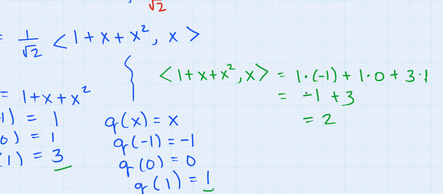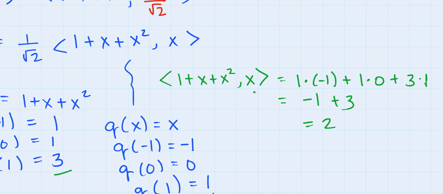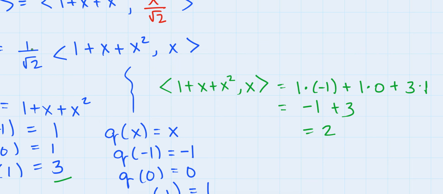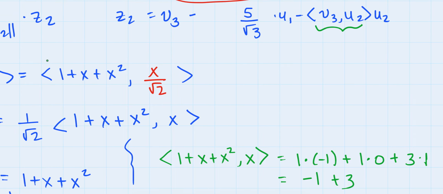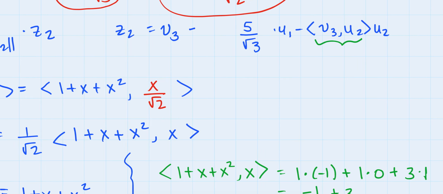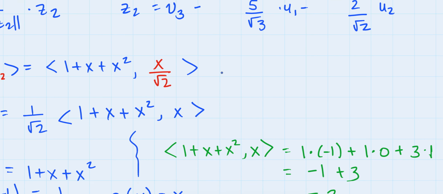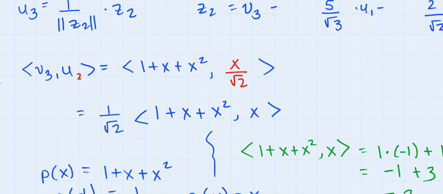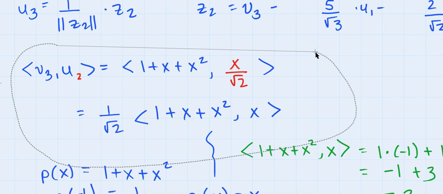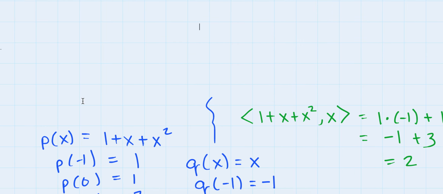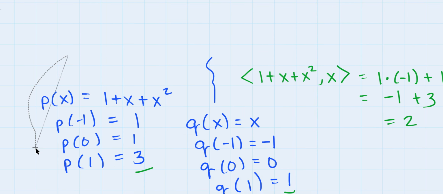And then we have this, so this part is completed and it's being multiplied by 1 over root 2, so we get 2 over root 2, and that's what we can plug in right here. So let's do that. So this is 2 over root 2. Great. Okay, so we're almost done. Let's just get rid of all this stuff.